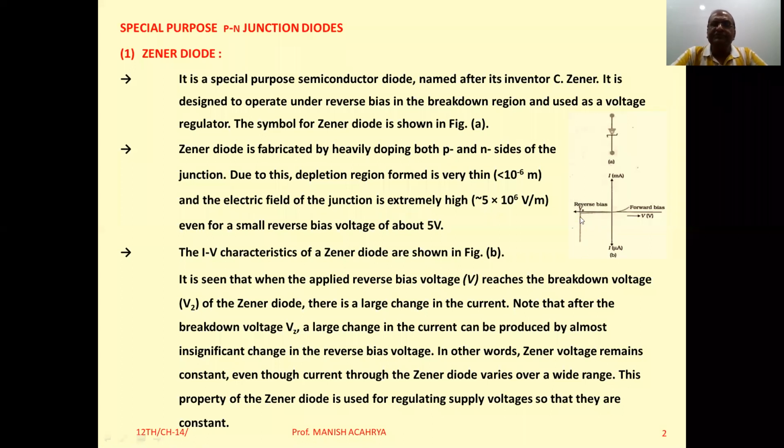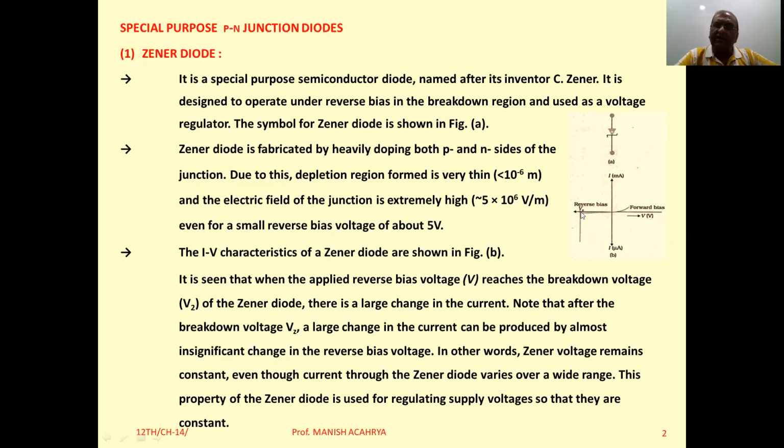Now see, depending on this particular characteristic, this reverse bias, we can use the diode as a voltage regulator. We can use the diode as a voltage regulator. And why does this happen here?